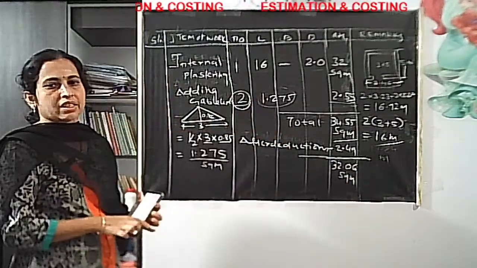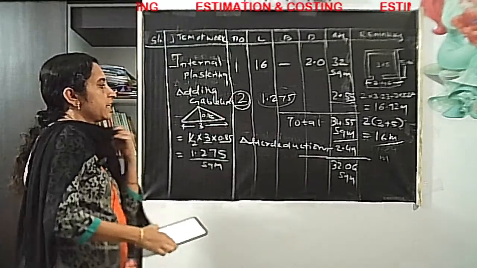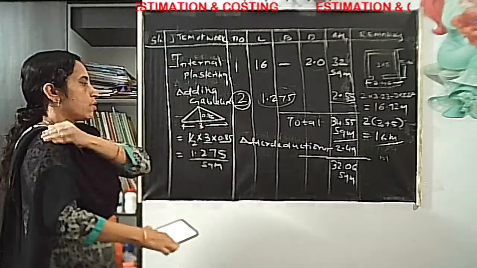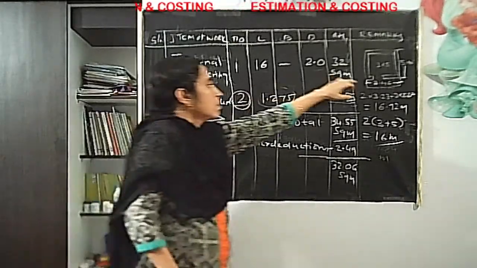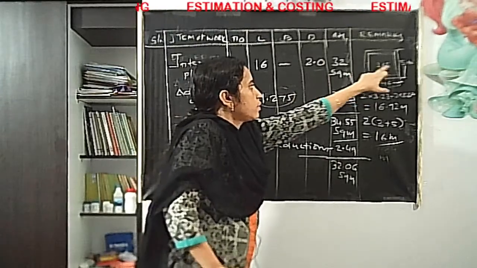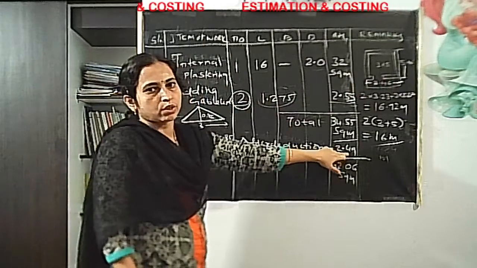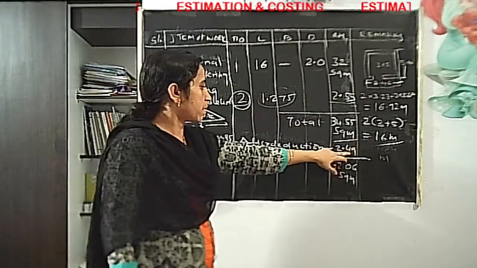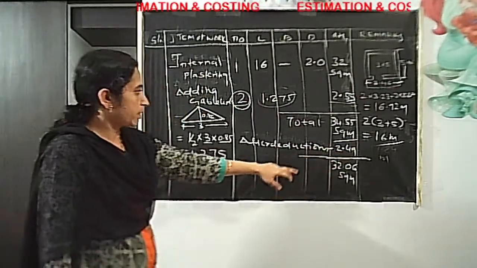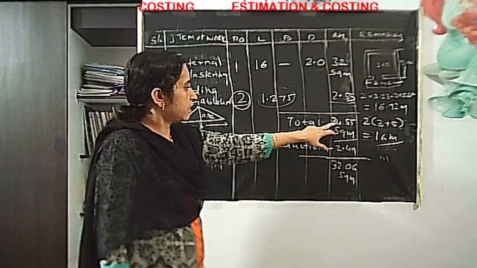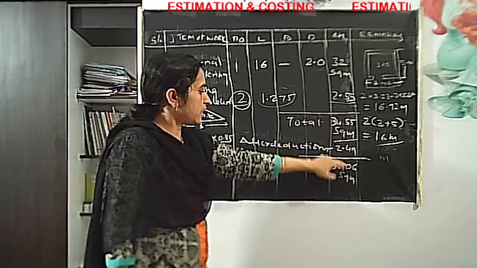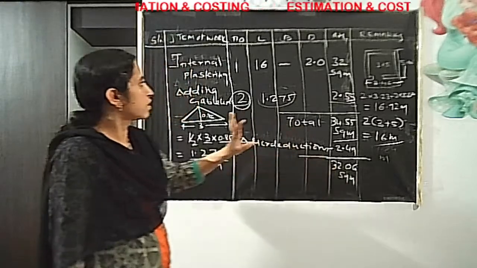Got it? The same way, the deduction is the same. Deduction is not different because you don't have any other interior walls. Only you have one door and you have two windows. So we had calculated for the deductions, one door and two windows, that came around 2.49 square meter. So total interior plastering is 34.55. After the deductions it is 32.06.